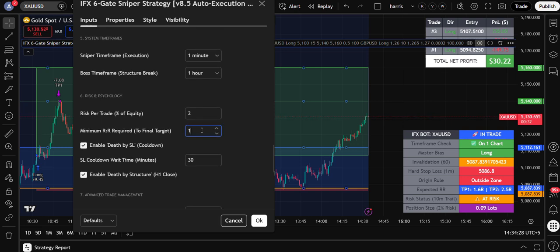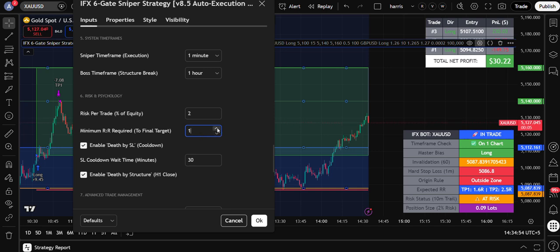Now, what is the minimum RR? As you can see, it's using expected RR. If you're not in a trade, it's expected; if you're inside a trade, it's fixed. So what it does, for example, if I'm losing $10 on a trade, it will only place a trade if I'm also making $10 in the trade. If my TP is $5 and my SL is $10, it will not place the trade.